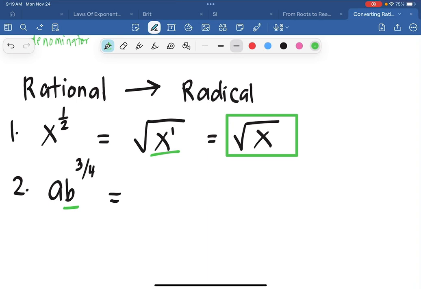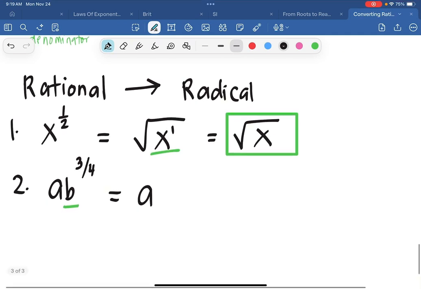We write a, and a should not be affected because the exponent of a is just an invisible 1. And then the nth root of b, where our index or denominator is 4. So we write it as the 4th root of b raised to the numerator, which is 3. And this is our answer.